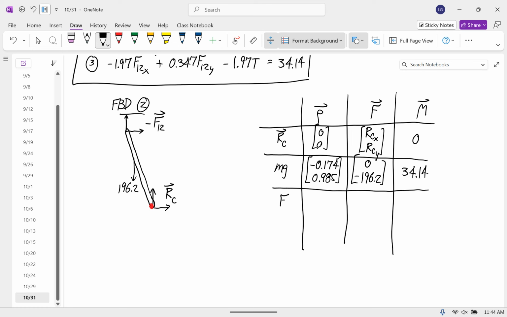And then negative F12, row vector is 0.347, 1.97. Force vector is negative F12x, negative F12y.